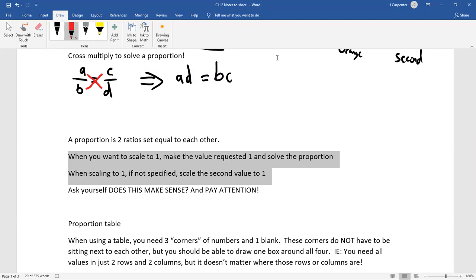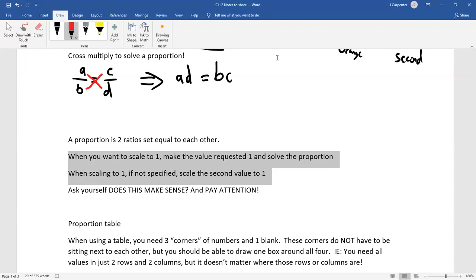So they might say, all right, the store sold 200 apples and 300 oranges.